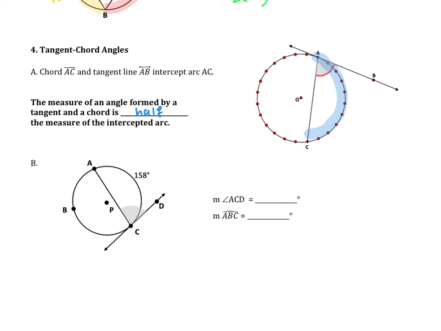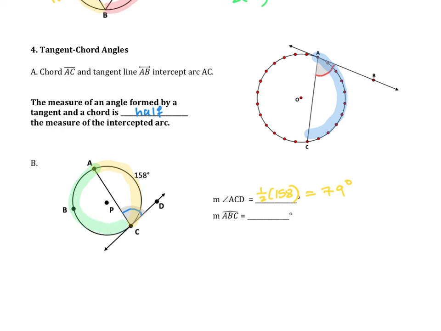So let's apply this rule. Now line CD is a tangent and AC is a chord. So the angle between them is going to be equal to half the intercepted arc. So the intercepted arc is arc AC. So then angle ACD is half of 158. And 158 divided by 2 is going to give me 79 degrees. Now let's look at arc ABC.